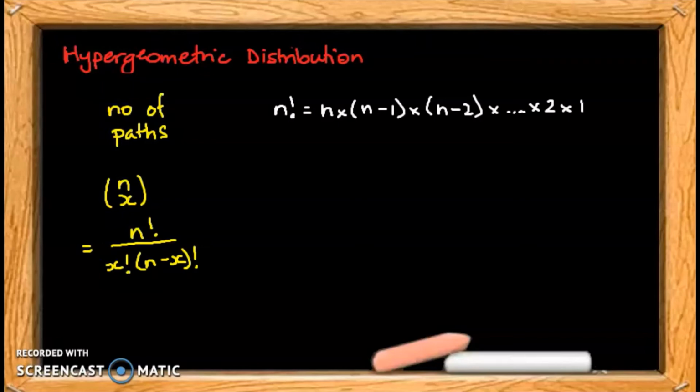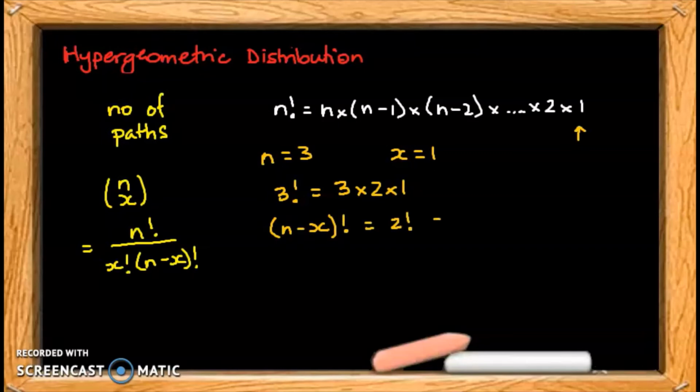Therefore, in this example, I had n equaling 3 and x equaling 1, which means n factorial, which is 3 factorial, will equal 3 times 2 times 1. X factorial, 1 factorial, is only going to equal 1. And n minus x factorial, which equals 2 factorial, will equal 2 times 1.